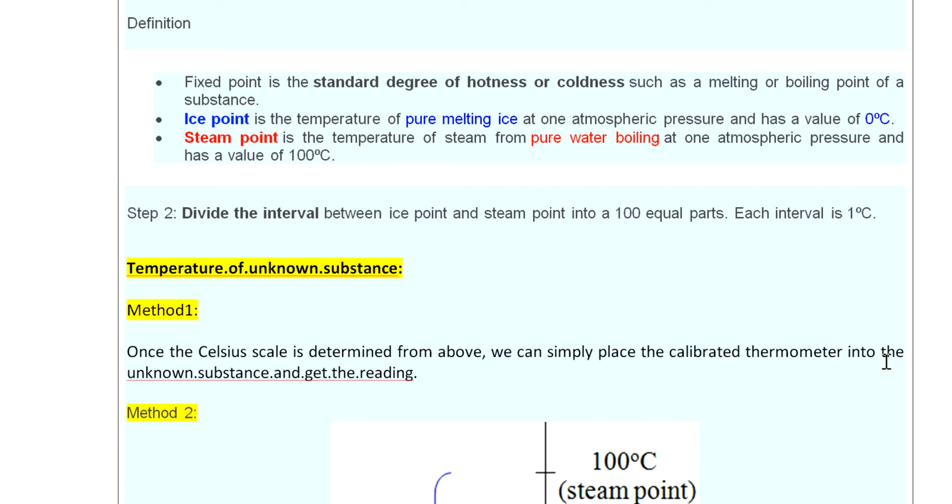This way, if you are going to construct a thermometer, or the examiner gives you a thermometer for which he or she says the lower fixed point is 20 degrees Celsius and the upper fixed point is 100 degrees Celsius, then you will consider those as the lower and upper fixed points. It is not always that the lower fixed point is 0 and the upper fixed point is 100.